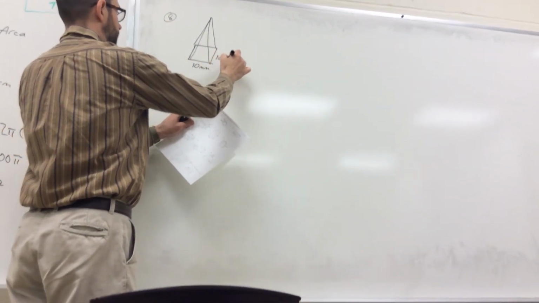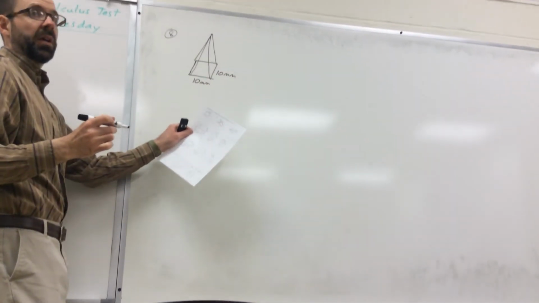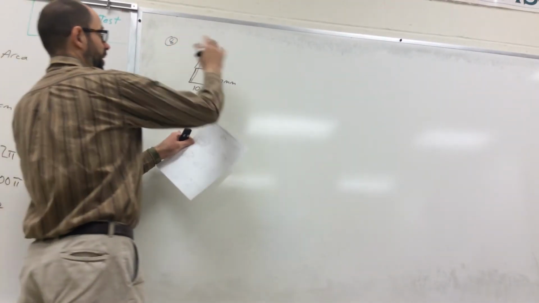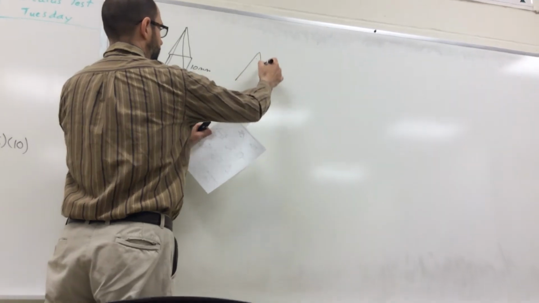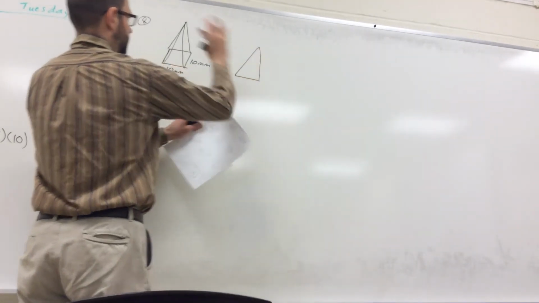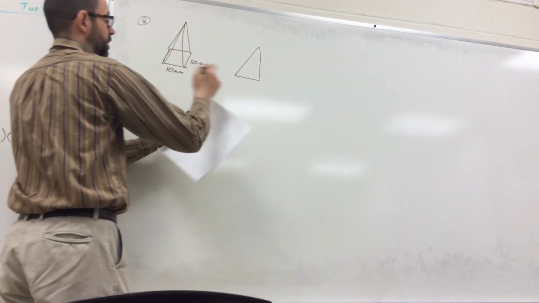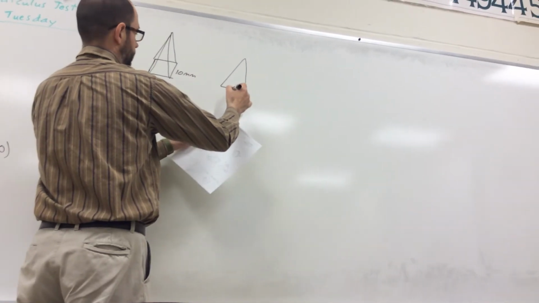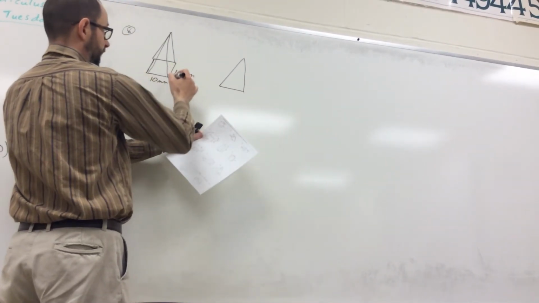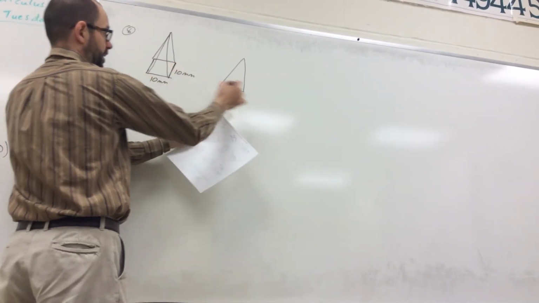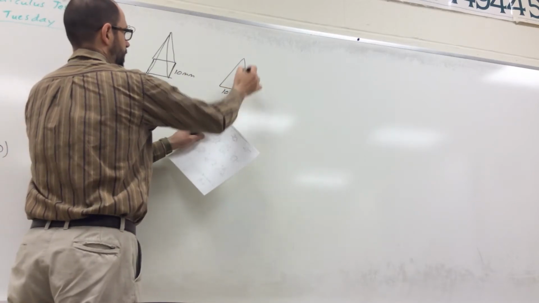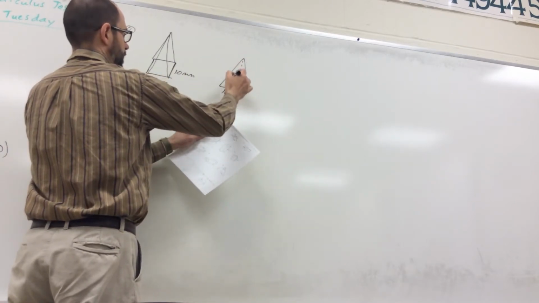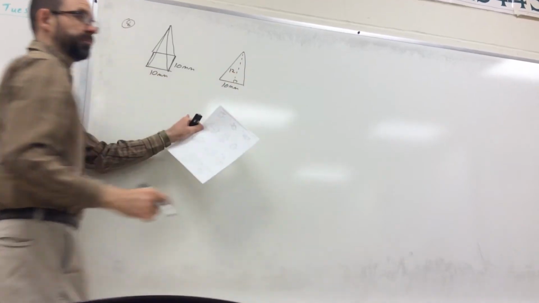This is 10 millimeters. And then I'm going to draw the triangle separately. You see that's supposed to be there. Of course it's 10 on the bottom because that's that. And then that's 12.